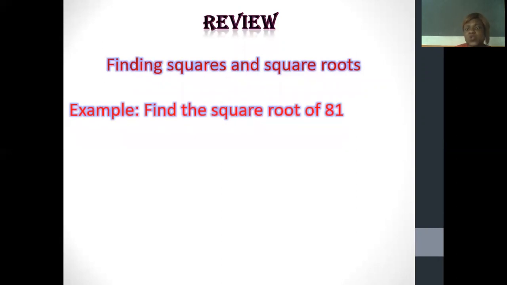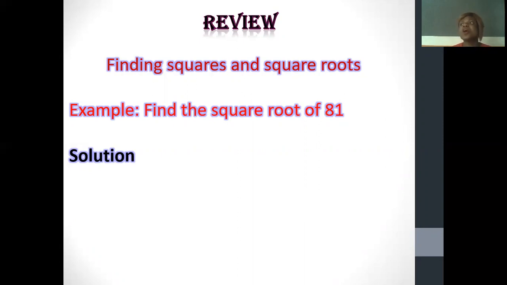Now let's look at something else. What about square roots? You're asked to find the square root of 81. How does that work? When you're dealing with square roots, you have to find a number that, when you multiply it by itself, gives you the number in question.